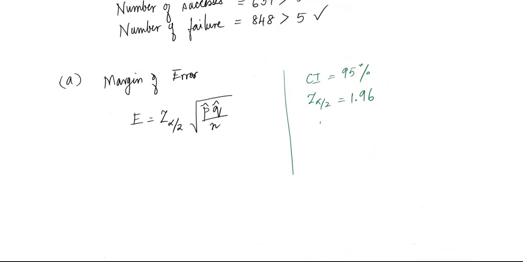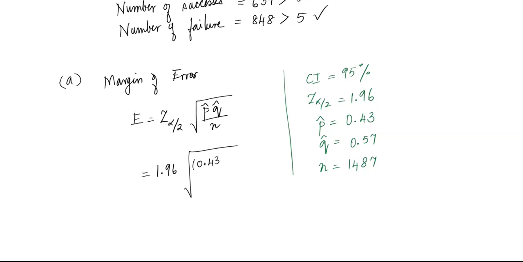So I'm going to use 1.96. For p hat, we want to use the decimal because that was given in the problem, so it's easier to keep it that way. The q hat will be 57%, which is 0.57. And then we need n to plug in the formula, which is 1487. Plug those all in: 1.96 times the square root of 0.43 times 0.57 divided by n, which is 1487.